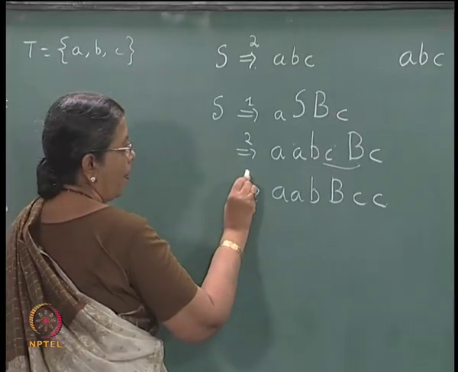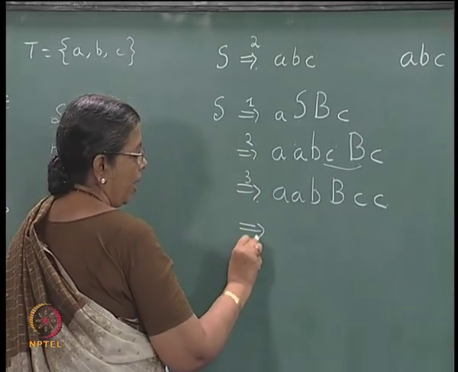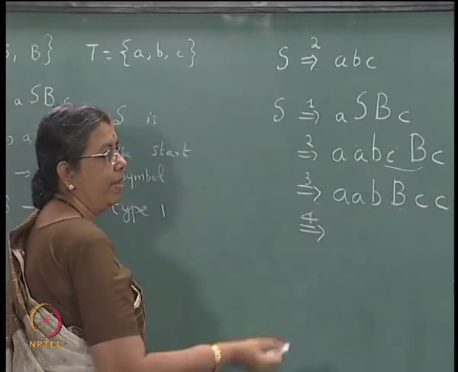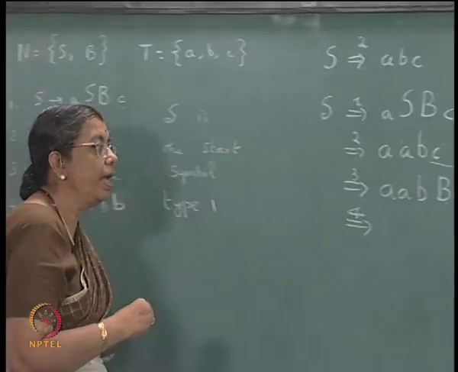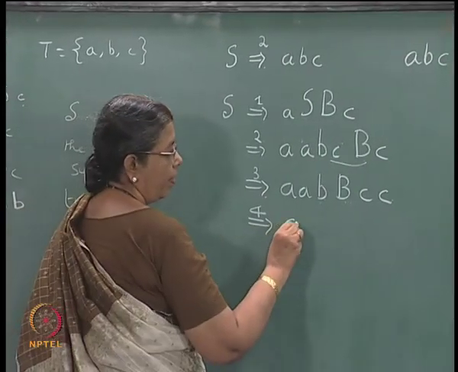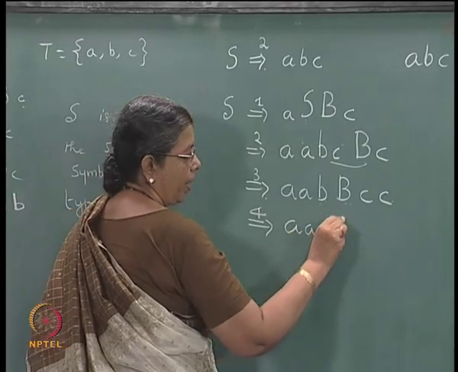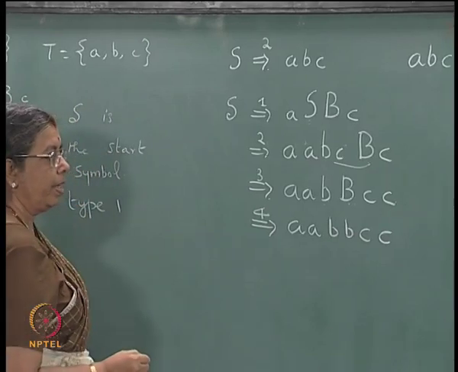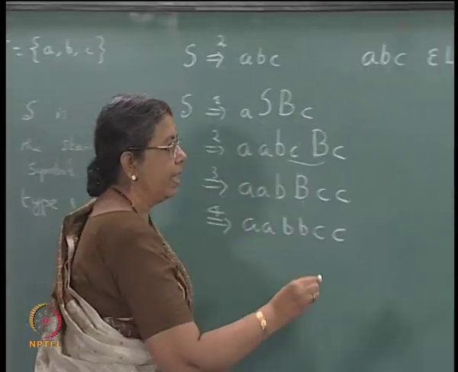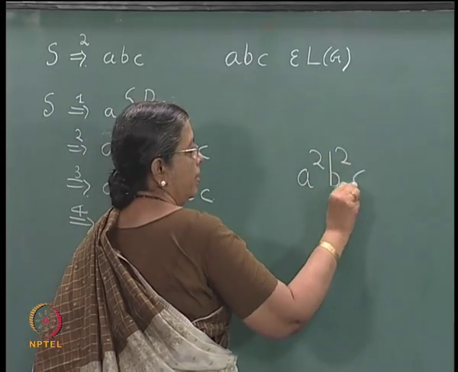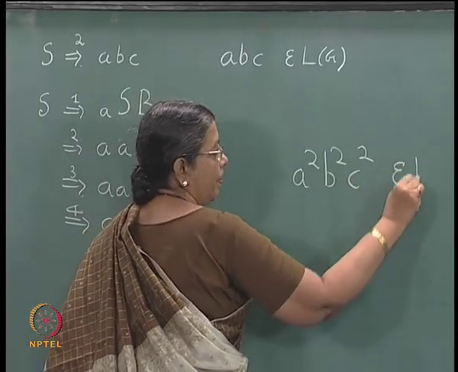Now, after applying rule 3, apply rule 4: when there is a small b on the left side, the capital B will be turned into a terminal b. So, you apply rule 4 and you get aabbcc. This you can represent as a squared b squared c squared, and this belongs to L of G.